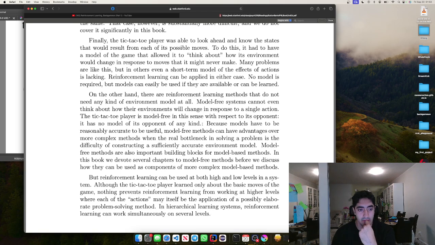Because models have to be reasonably accurate to be useful, model-free methods can have advantages over more complex methods when the real bottleneck in solving a problem is the difficulty of constructing a sufficiently accurate environment of environment model. Model-free methods are also important building blocks for model-based methods. In this book, we devote several chapters to model-free methods before we discuss how they can be used as components of more complex model-based methods.